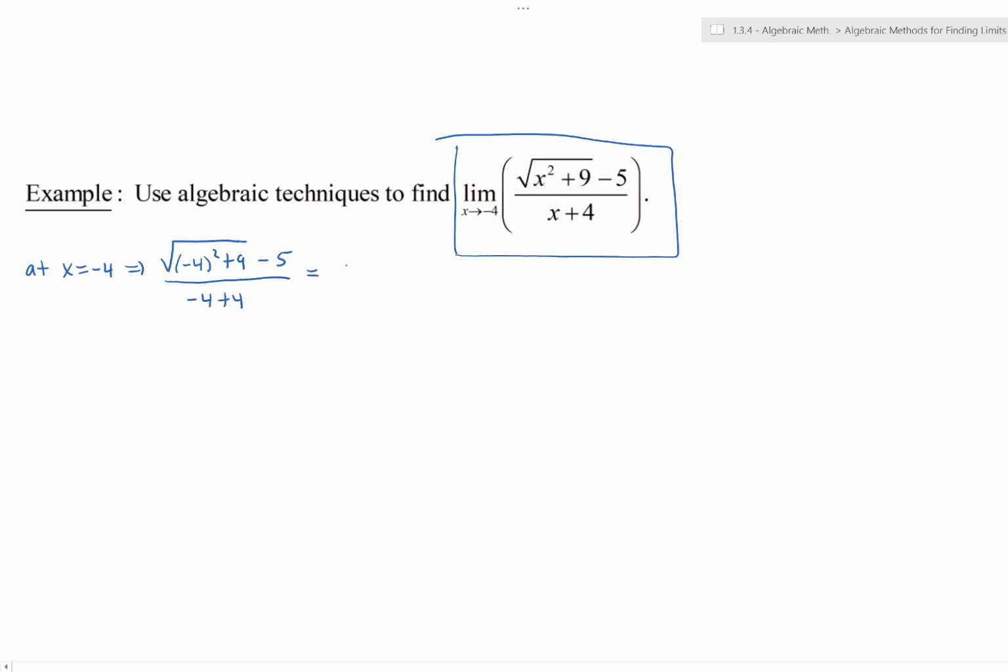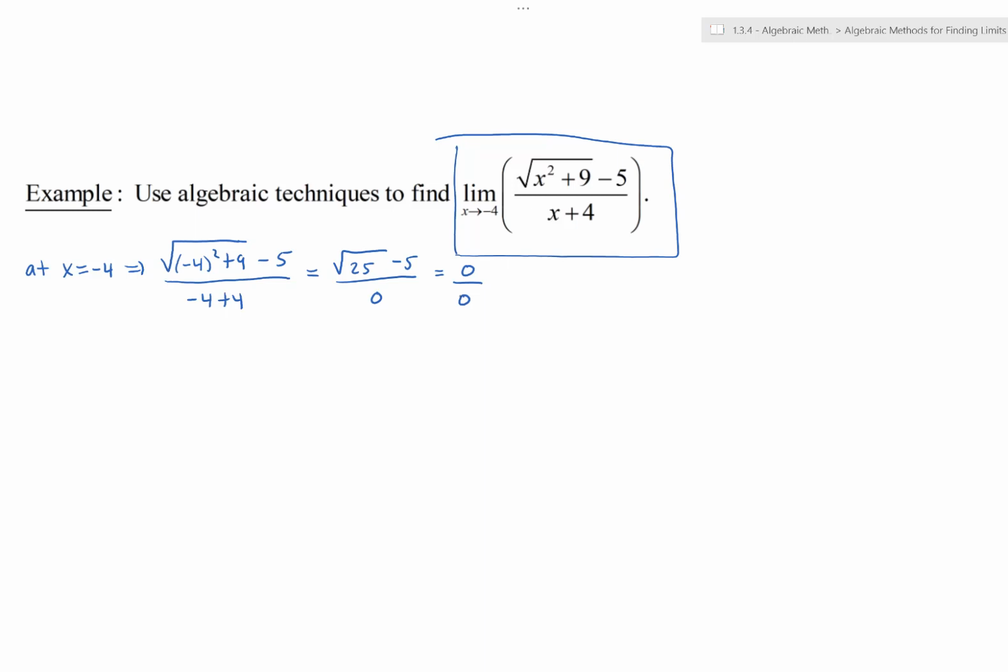And notice that's the same thing as the square root of 16 plus 9 is a 25 inside the root minus a 5 on the outside over 0. Of course, square root 25 is 5. 5 minus 5 is 0 over 0. So again, we get this indeterminate form, and we should be thinking, maybe the limit actually does exist there, even though this function is not defined at x is equal to -4.